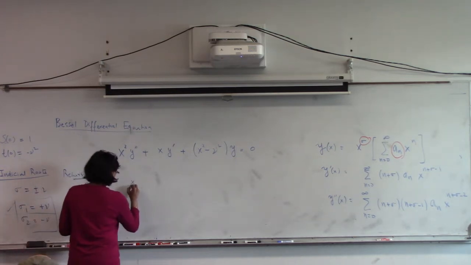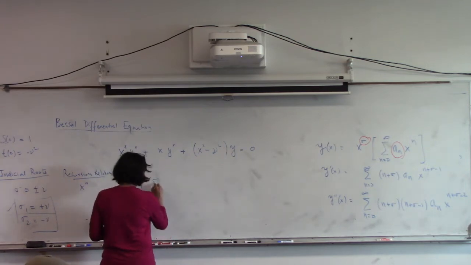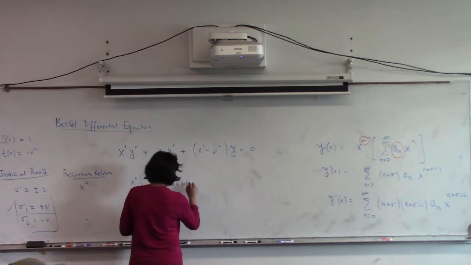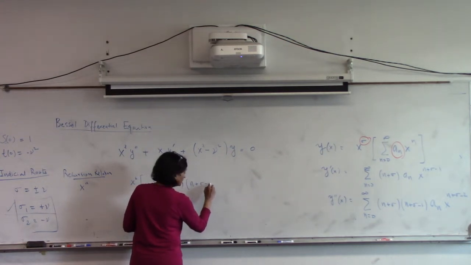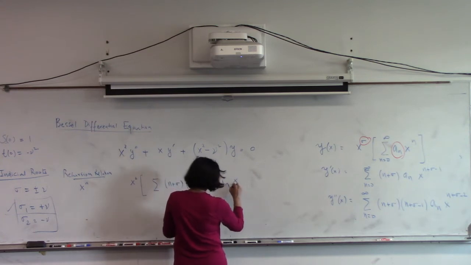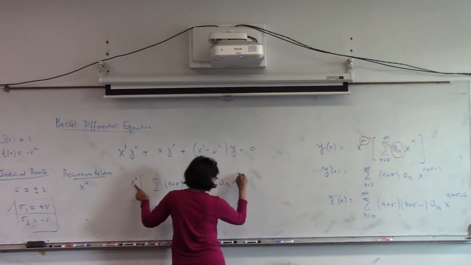So we have x squared y double prime, n plus sigma minus 1, a sub n. I have x squared here, so I'm going to write this as x to the power of n plus sigma.